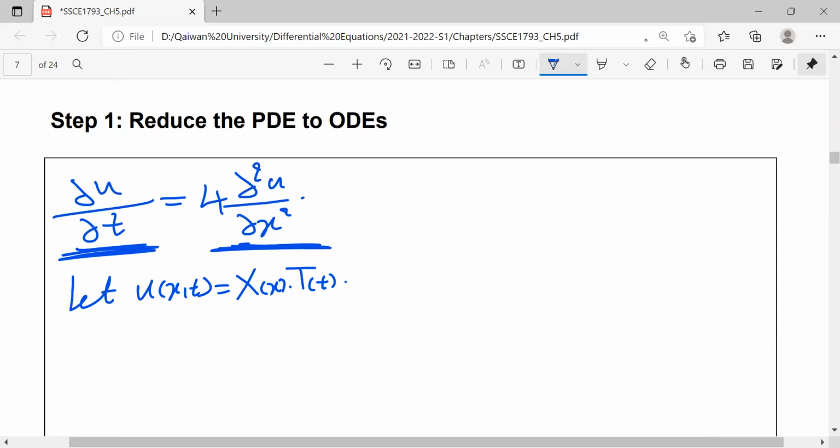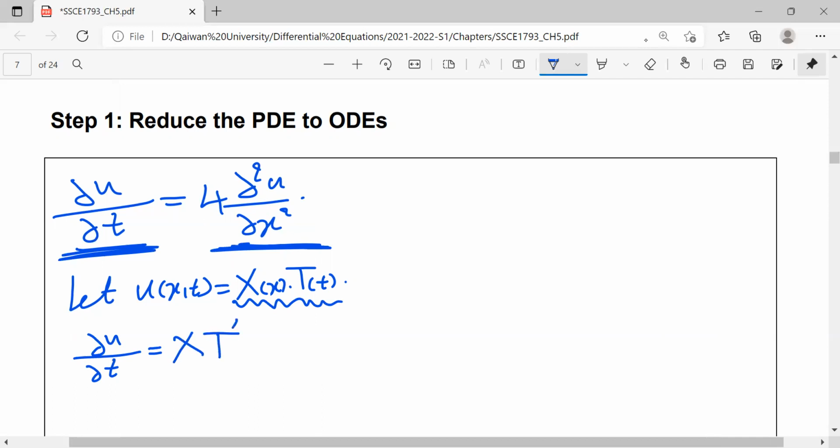The first one is partial u by partial t. We take the partial derivative of this function with respect to t. X of x is constant with respect to t, so we have only T of t. We find the derivative of a function of t with respect to t, which is T prime. So it's X times T prime.